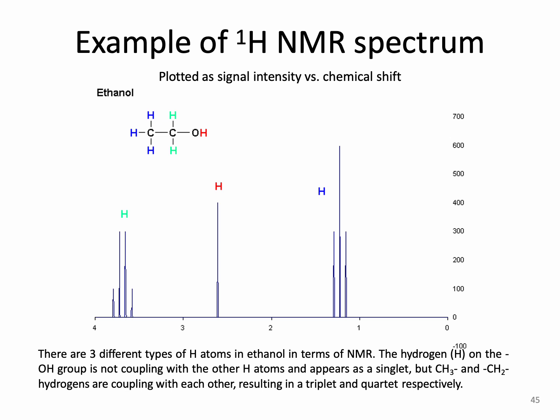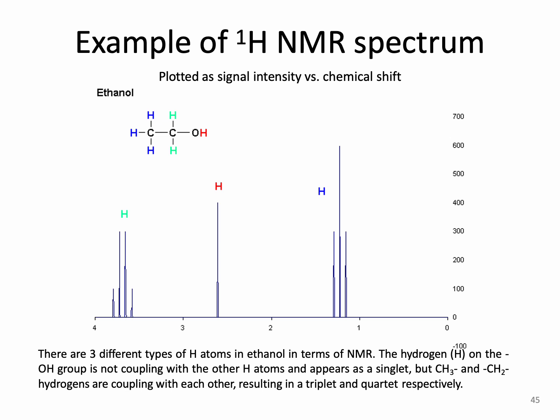Like the chromatograms that we saw, here we can talk about an example of an H1 NMR spectrum. What is interesting here is that if you're looking at a molecule of ethanol, that's what you see here with 2 atoms of carbon, 6 atoms of hydrogen and 1 atom of oxygen. We can see that in this molecule we have 3 different types of hydrogen atoms in terms of NMR. The hydrogen on the OH group is not coupling with the other hydrogen atoms and appears as a singlet.